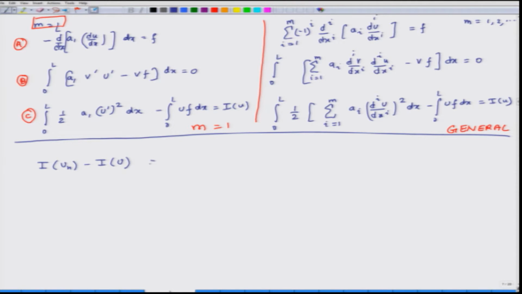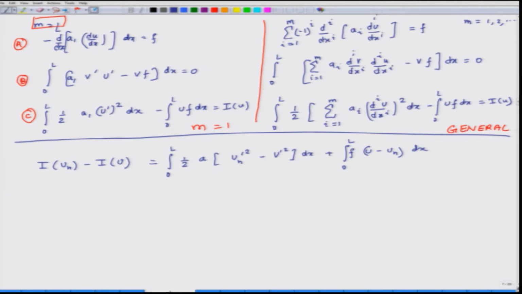So, this equals the integral from 0 to L of half, and for purposes of brevity I will no longer write a1, I will just write a, of u h prime square minus u prime square dx, plus the integral from 0 to L of f times u minus u h dx.